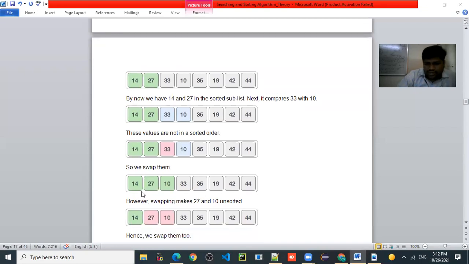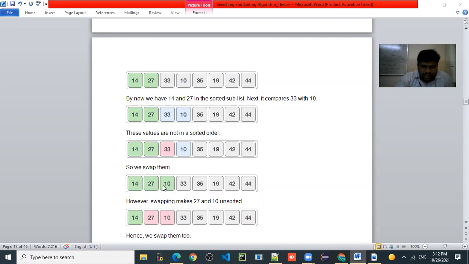Now this is the unsorted list and this is the sorted list. But in this sorted list, 10 is very small compared to 27. In insertion sort, we consider this as a sublist element, right?